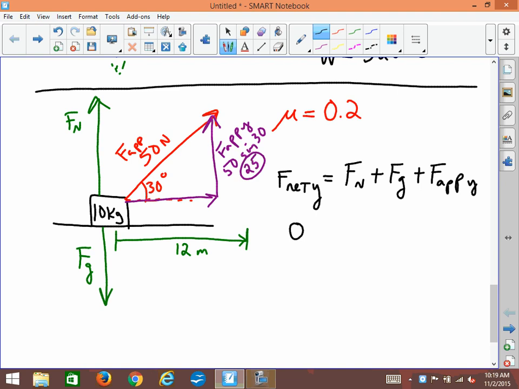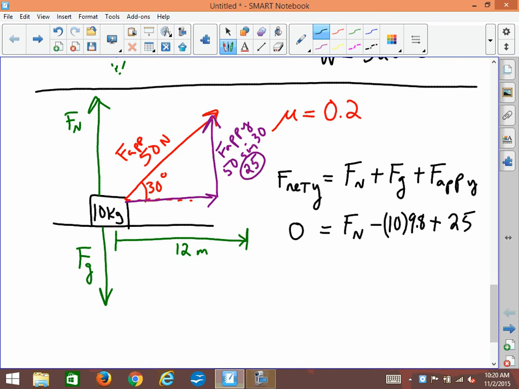Now, of course, with F net y, we're not pushing up or down at all. We are kind of pushing up a little bit. There's 25 newtons up, but there's 98 newtons down when we do the weight of the object. So the object's not going to lift off the ground, so we're okay. So we go through this process to get our normal: mg, mass 10 times 9.8, and an upward force, so that's positive, of 25 newtons, a lifting force.